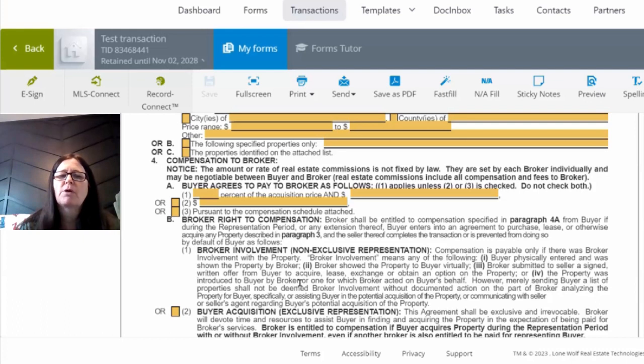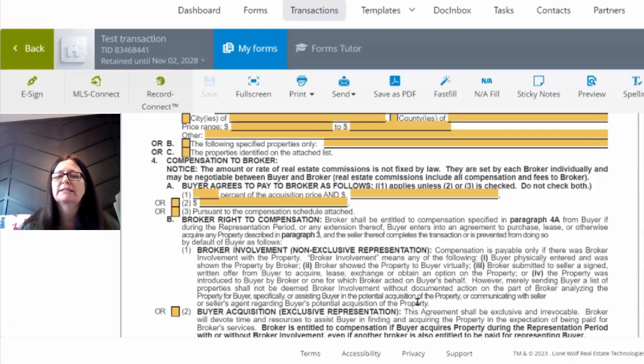Or number four, the property was introduced to the buyer by the broker, or one for which the broker acted on buyer's behalf. What it says here, though, is that merely sending the buyer a list of properties shall not be deemed broker involvement without documented action on the part of the broker where it shows that you analyzed that property or assisted them in another way.